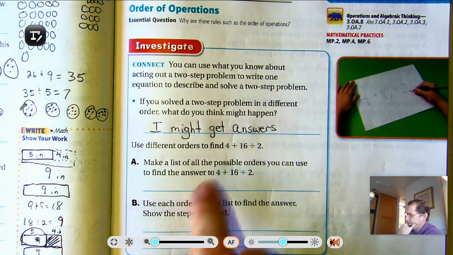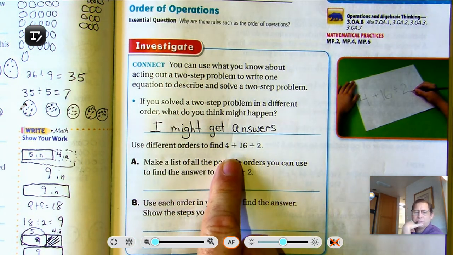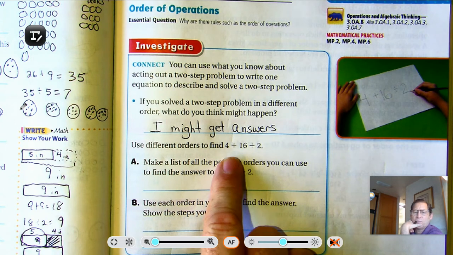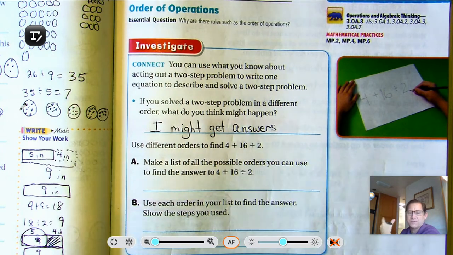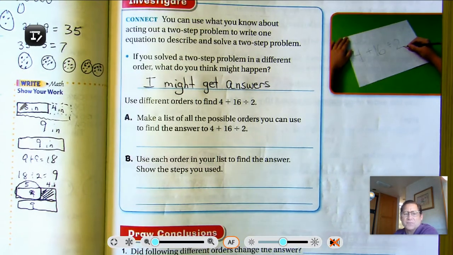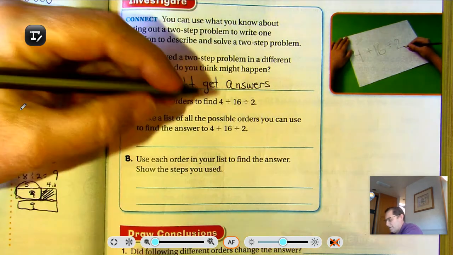So, for instance, here we have a two-step problem where it's asking us 4 plus 16 divided by 2. I see two operations there, so that must mean two steps. So make a list of all the possible orders you can use to find the answer to 4 plus 16 divided by 2. Well, let's see.